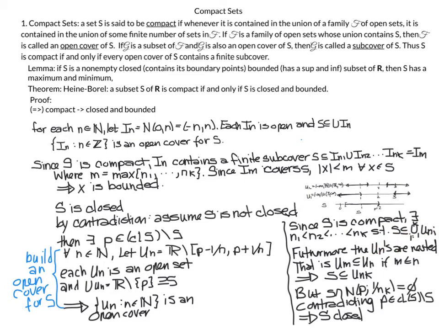Furthermore, the UNs are nested. You could see that in the previous slides. So that means that S must be a subset of UNK, where the UNK is our biggest outermost subset.